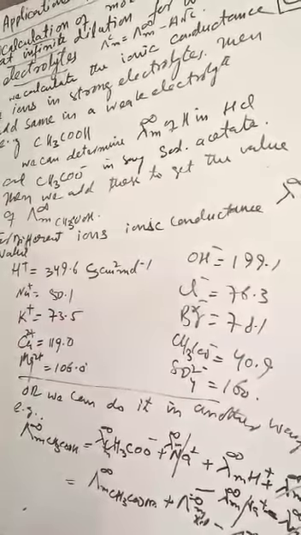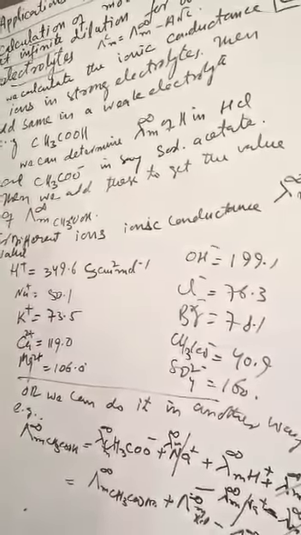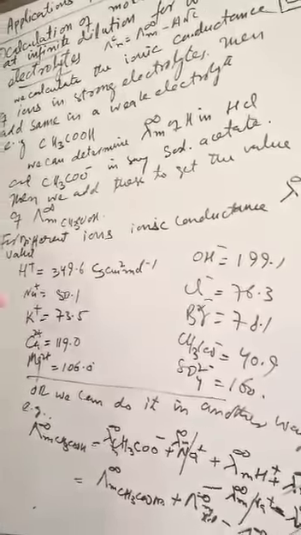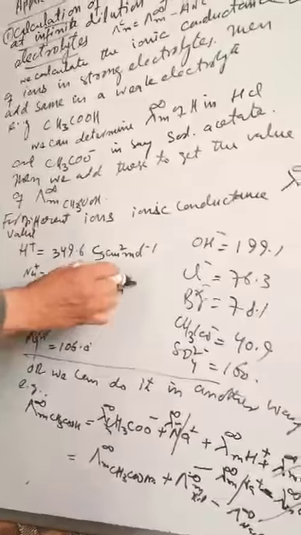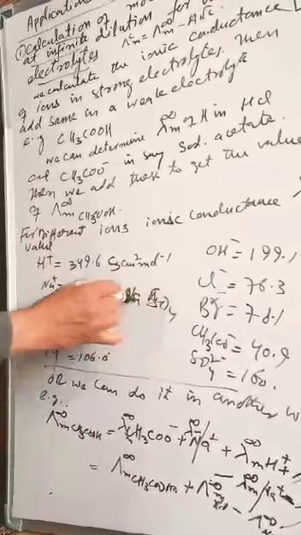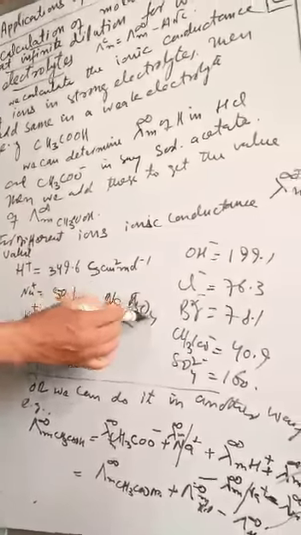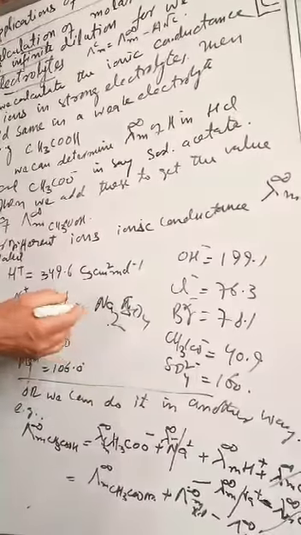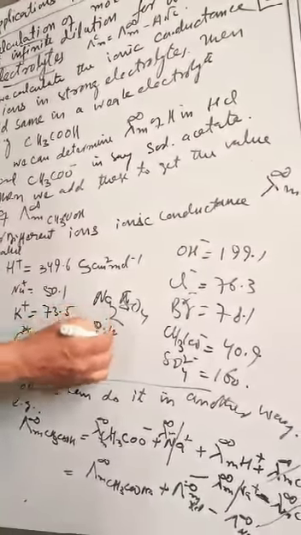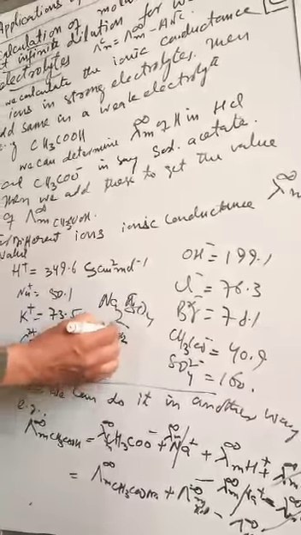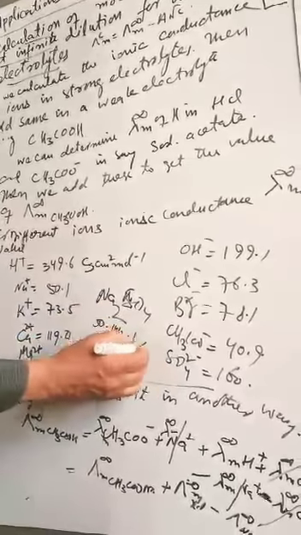So here, for example, if we have to determine this for sodium sulfate, the formula will be sodium twice, sulfate single. So we have 50.1 into 2, since we have two ions, plus sulfate is 160.